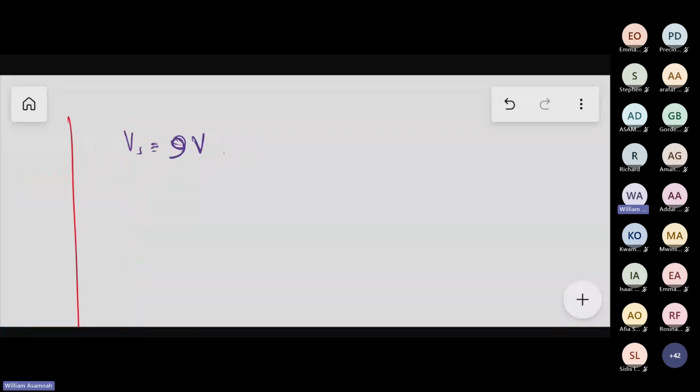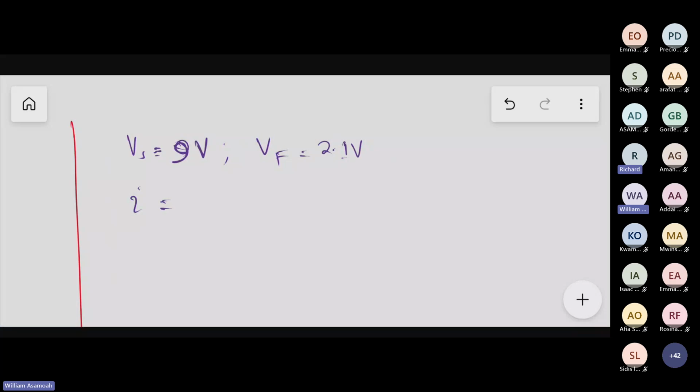Then we have a green LED. The VF for the green LED is 2.1 volts. Then the current in an LED should not be more than 20 mA. Let's say we want it to be very bright, so we are going to use 20 mA.